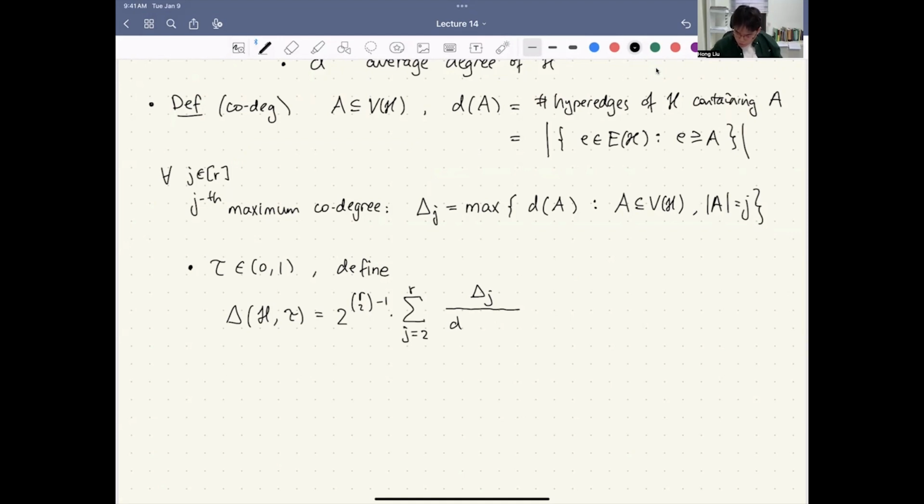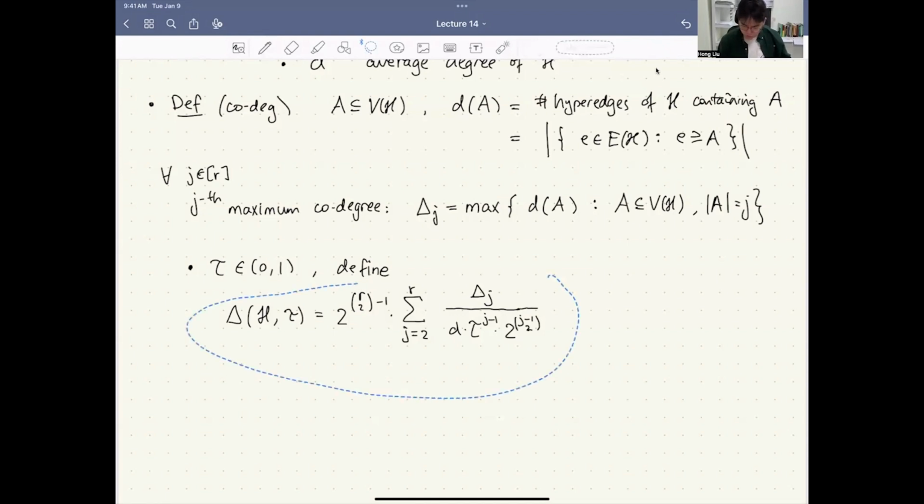We take the codegree for pairs all the way to the codegree for everything, but the codegree for everything is just 1. Again this is some constant because j is at most r, which is constant. This is the function.